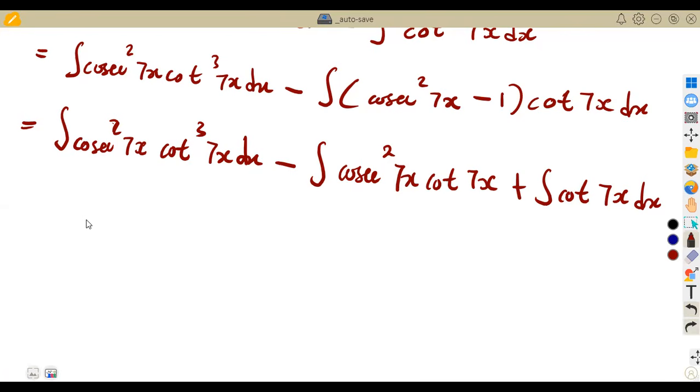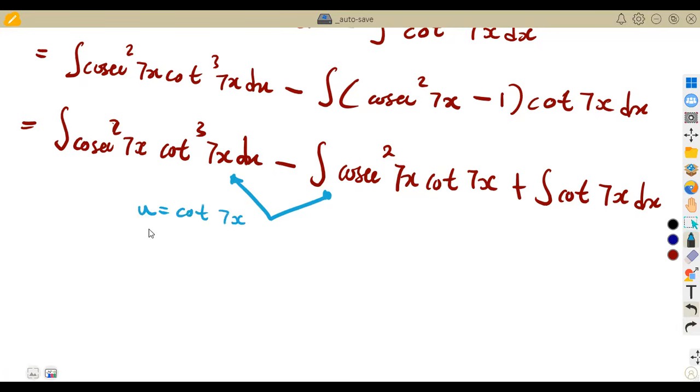But as usual, we see that we are back again to the usual part of the substitution method here. These two, we can get rid of the cosec squared 7x if we let u be cot 7x. So on these two, only on these two, we are going to choose our u to be cot 7x.